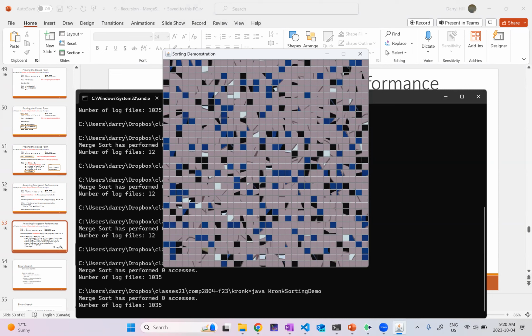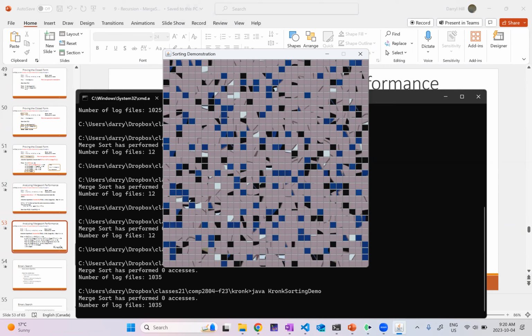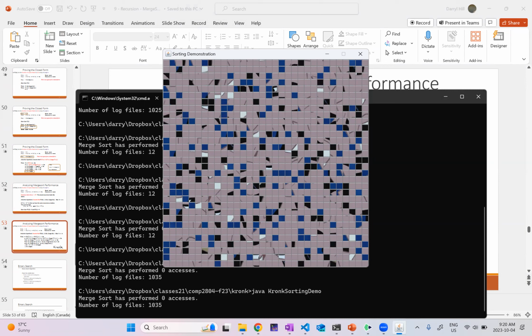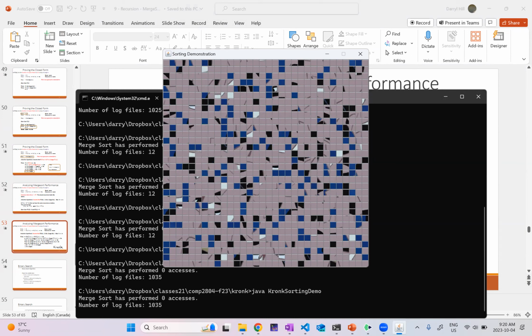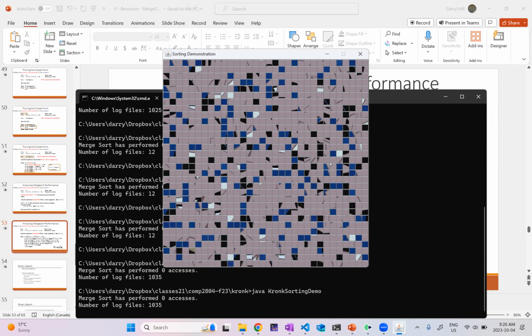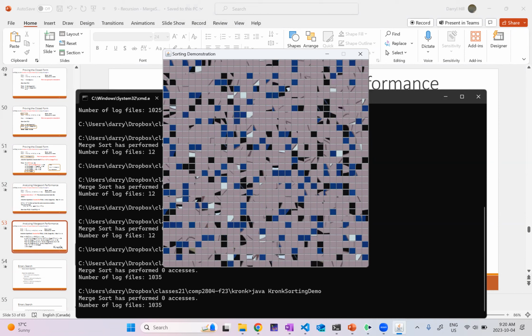You can see it's gone down to the leaves, and it's doing the merge operations on lists of size 1. When it gets to the bottom, it's going to go back to the top, and now it's going to merge lists of size 2. And then it's going to go back to the top again and merge lists of size 4, etc.